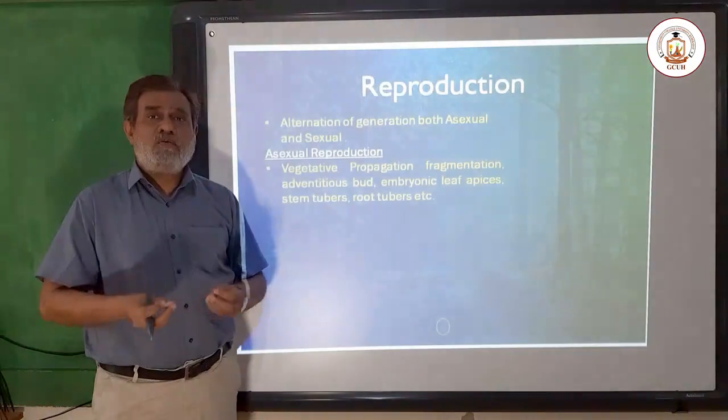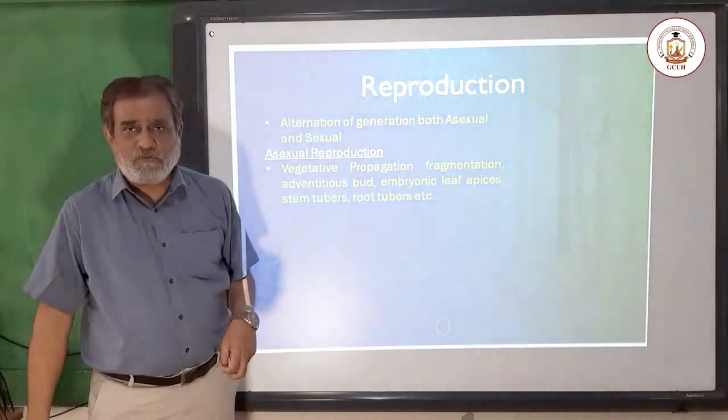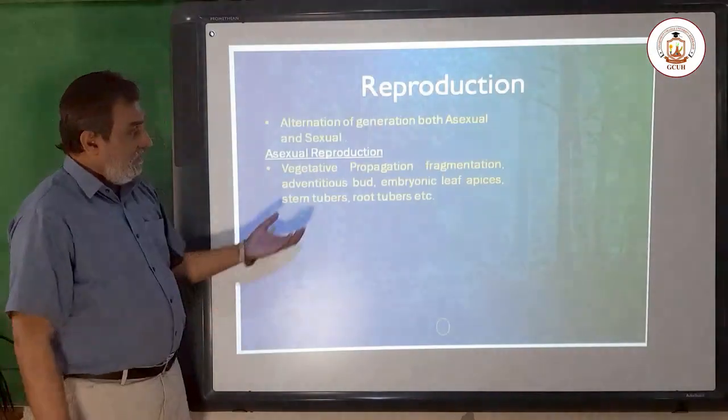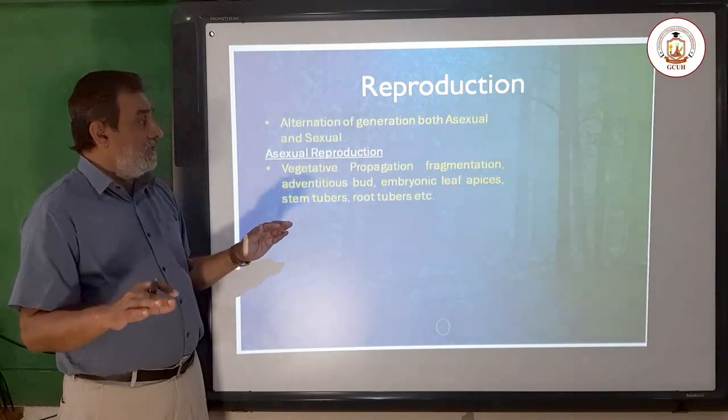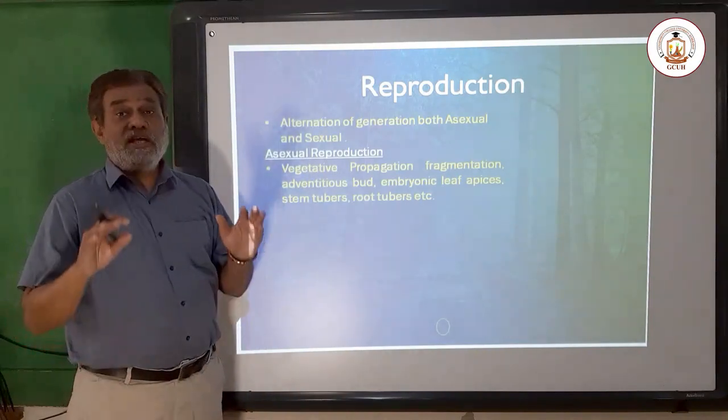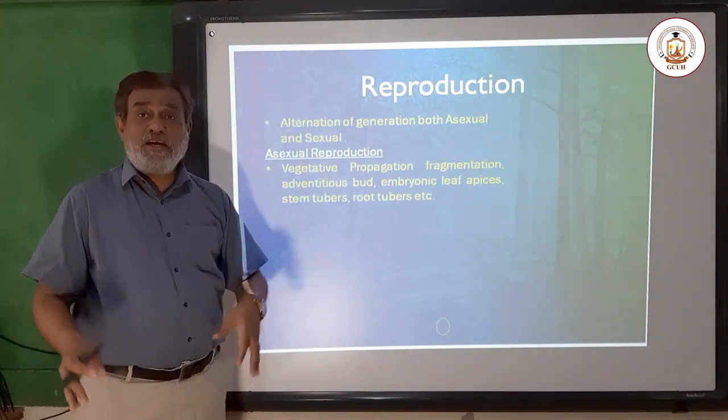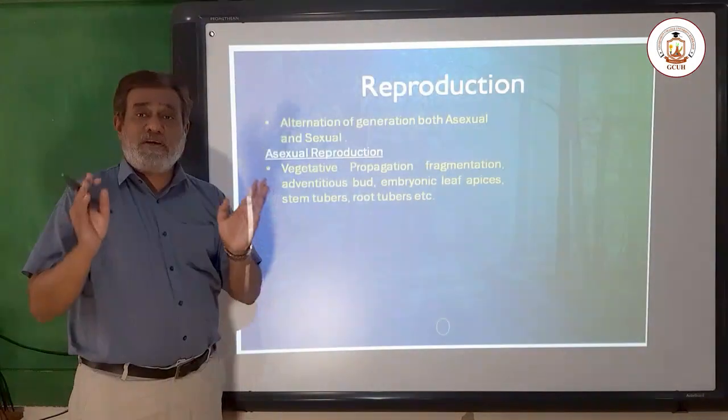Stem tubers and root tubers are also such structures, but I have told you that spores are the usual way of asexual reproduction in plants.